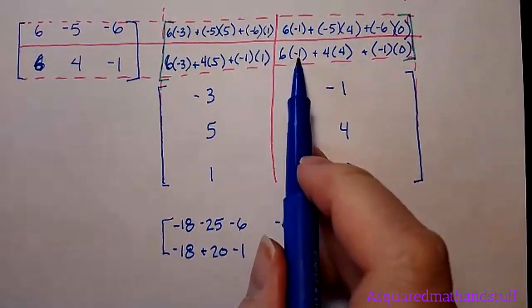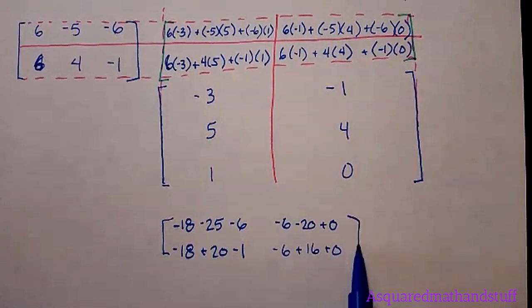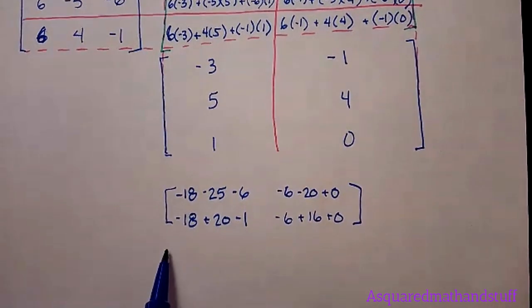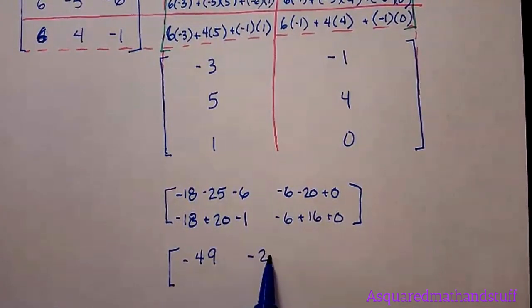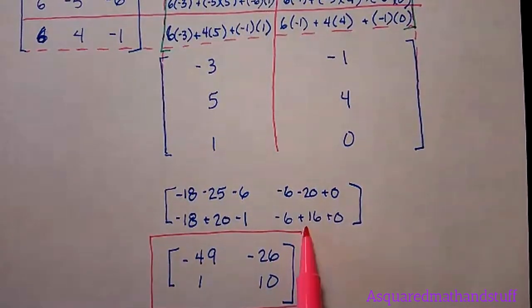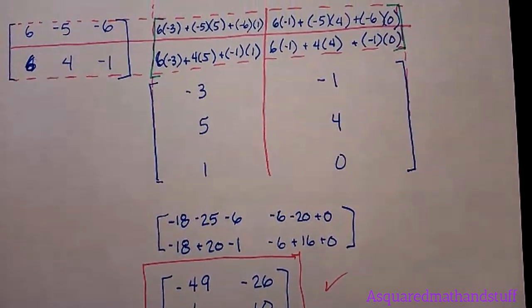And lastly, negative 6 plus 16 plus 0. And we get the exact same answer, which happens to be a negative 49, negative 26. Row 2 is 1 and 10. 2 by 2, same values, just setting it up a little bit different. So that's how you multiply matrices together.